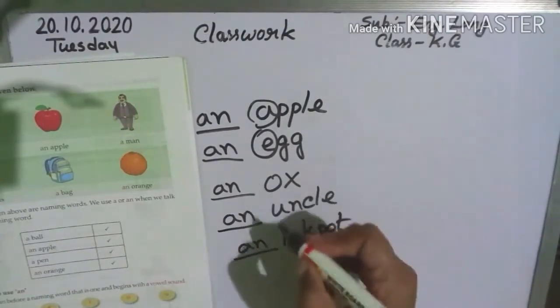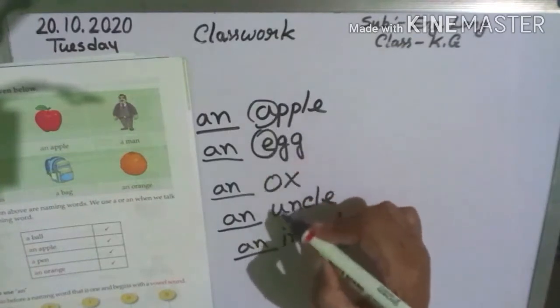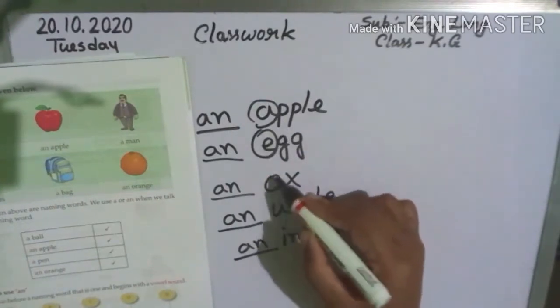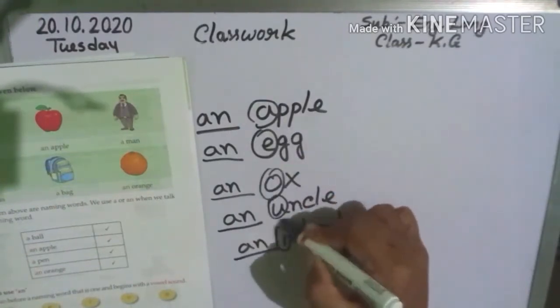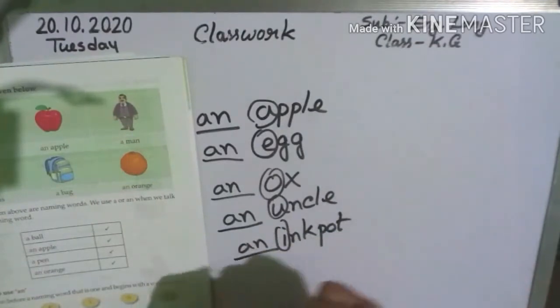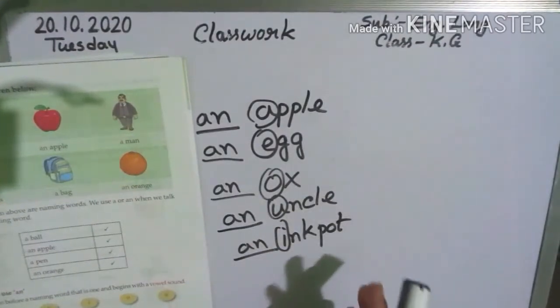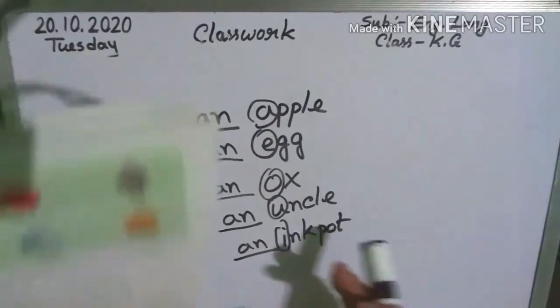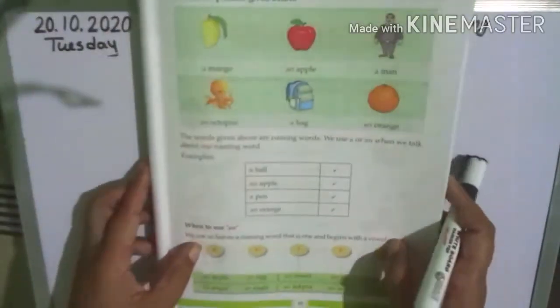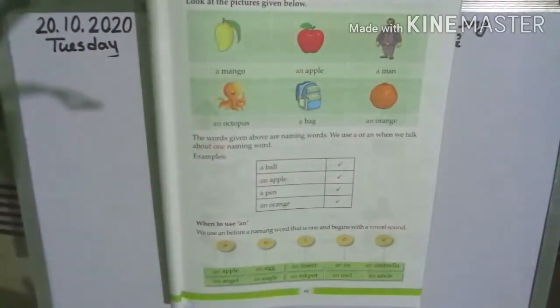So you see children, A-E-I-O-U is vowel. So vowel sound, again I repeat, we use an before a naming word that is one and begins with a vowel sound. Okay. So practice A or an.